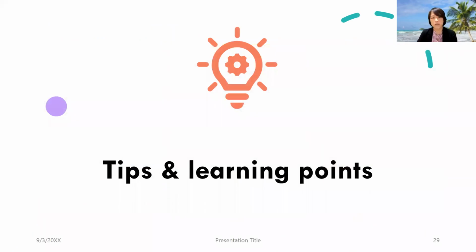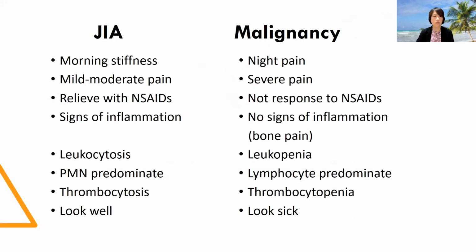So the tips and learning points of this case. If the patient presents with morning stiffness or morning pain, it could be JIA, mimicking malignancy. But if the patient presents with night pain, especially pain that wakes him up at night, you should think about malignancy first.